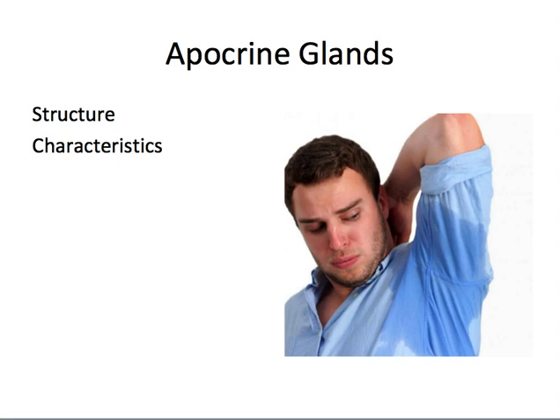Since their secretion is protein rich, this protein content supports the growth of the surface bacteria, which gives rise to the characteristic odor. The other components of the secretion of apocrine glands are water, oil, and some cellular debris.